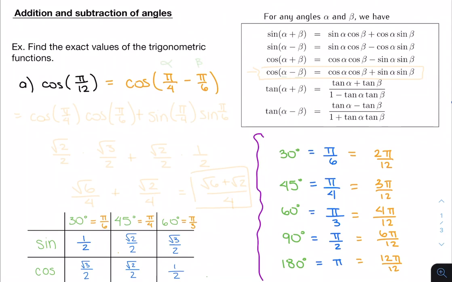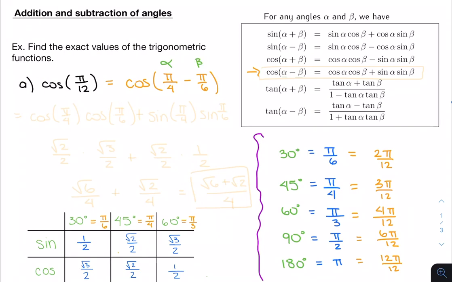And now we can take our angles on the side here. Since we have cosine and we're subtracting, we're using this formula on the side. So in this case, our alpha is this first angle, so that's pi over 4. And our beta is pi over 6.